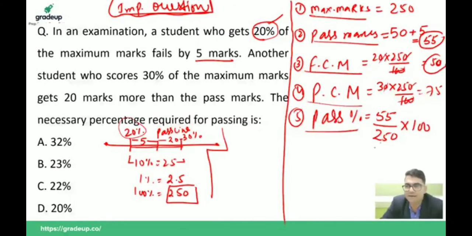Then what at 100? Sorry guys, sorry. Okay, so 55 marks is pass marks out of 250.